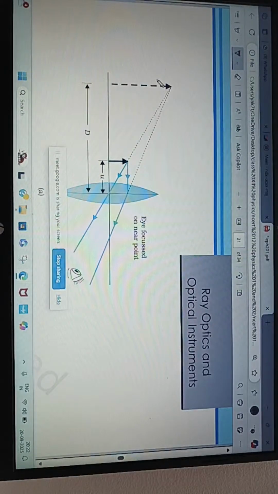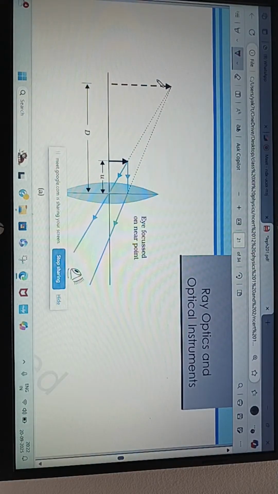Okay, sir. That simple microscope is the device where the object is kept very close to the lens. Which lens? Yes, convex lens. That means the object is kept between focus and optical center. If an object is kept at a focus, where is the image formed?